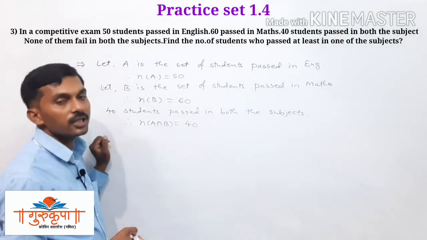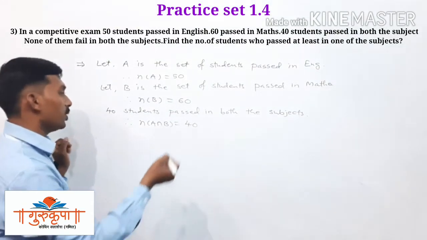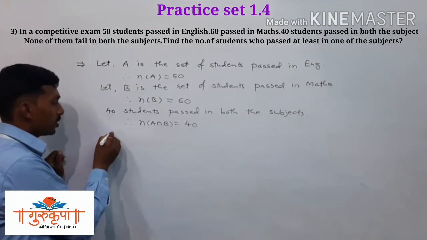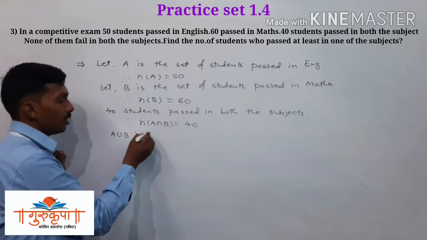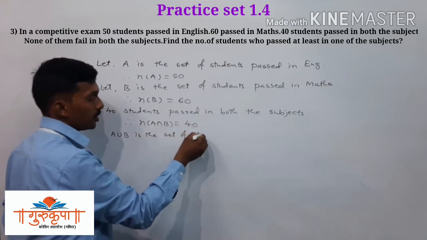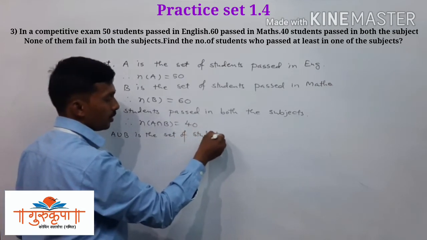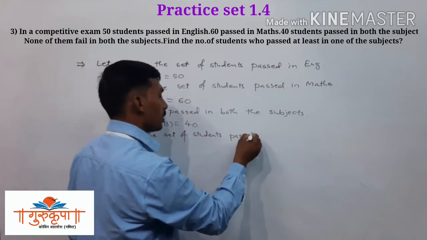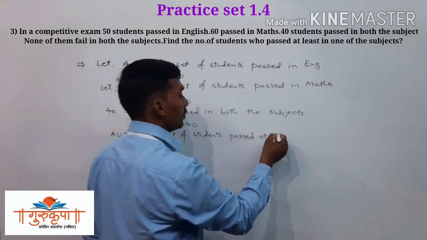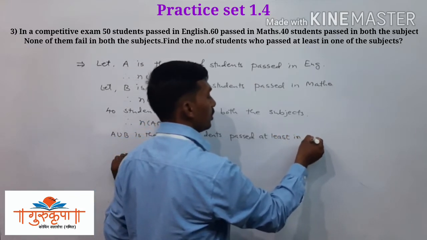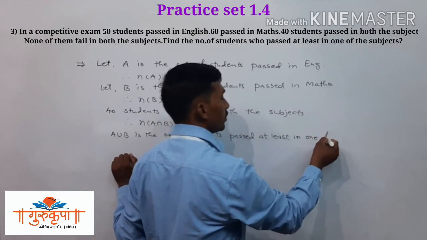It should be represented by A union B. So here you can write the number of students, A union B, is the set of students passed at least in one of the subjects.